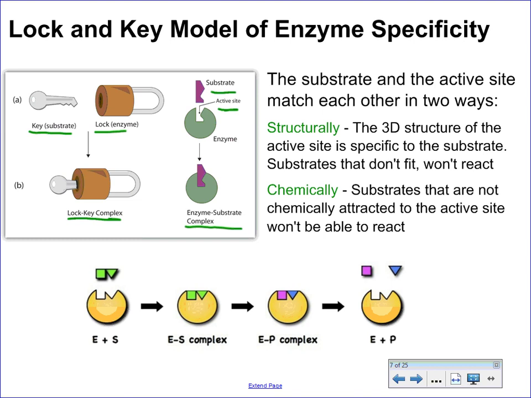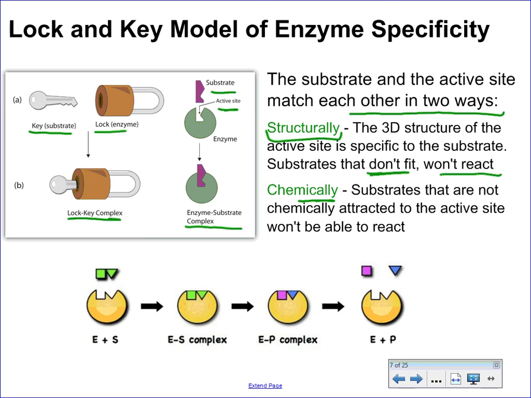So the substrate and the active site must match each other in two ways. There must be a match structurally, where the three-dimensional structure of the active site is specific to the substrate. Substrates that don't fit won't react. The substrate and the active site have to match each other chemically.